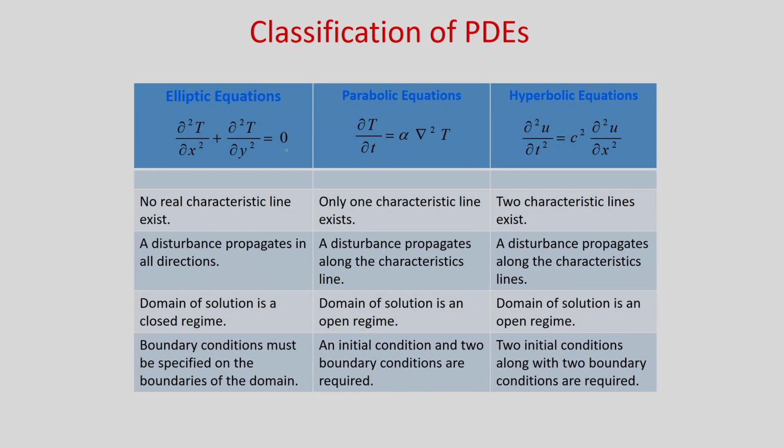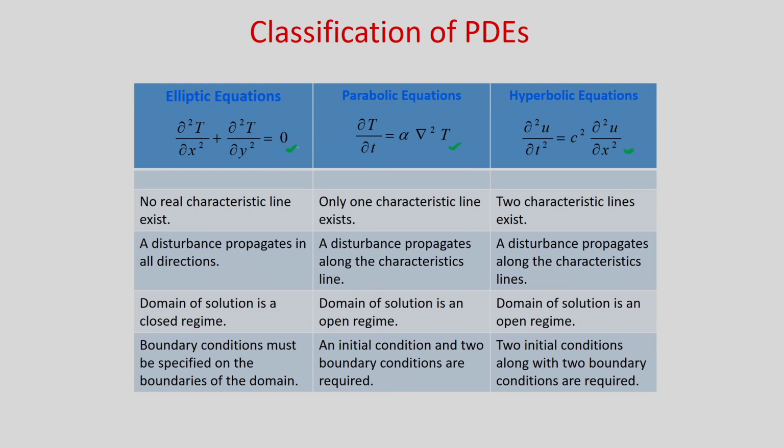Now, in summary, let us see the comparison of the elliptic, parabolic and hyperbolic equations. We have taken the 2 dimensional steady state heat conduction equation, the 1 dimensional unsteady heat conduction equation, and the second order wave equation, which is hyperbolic in nature.